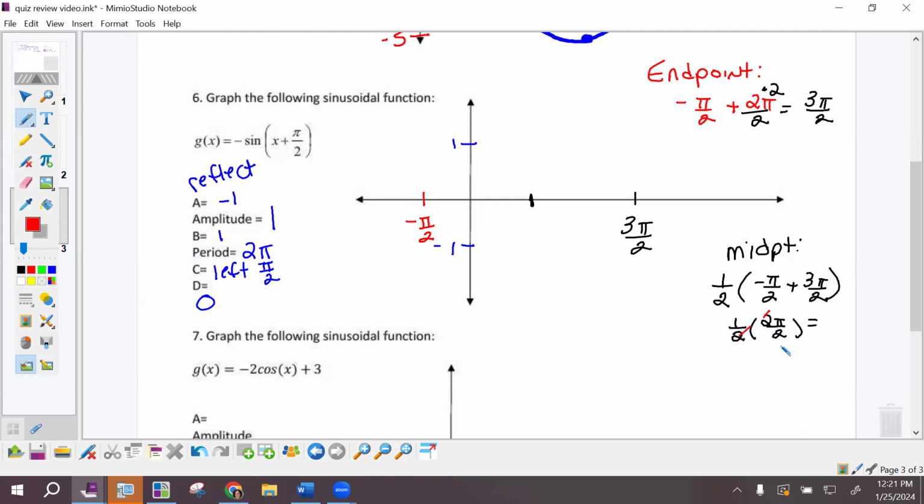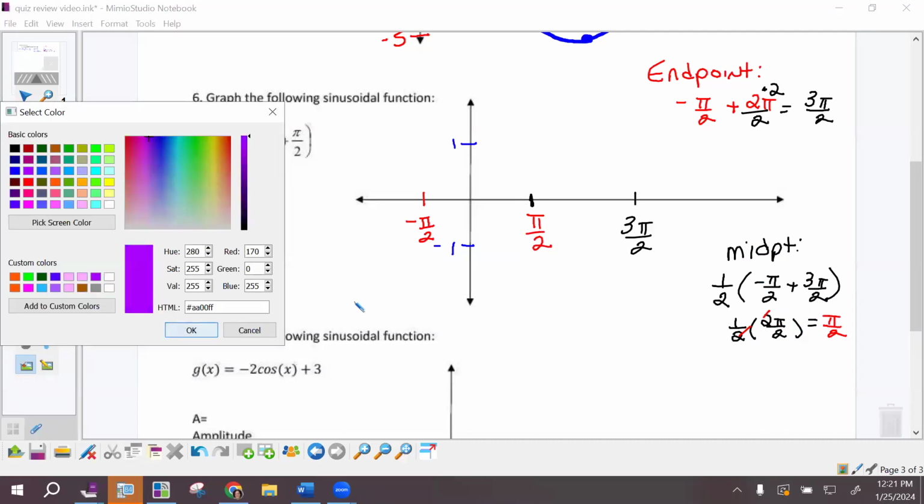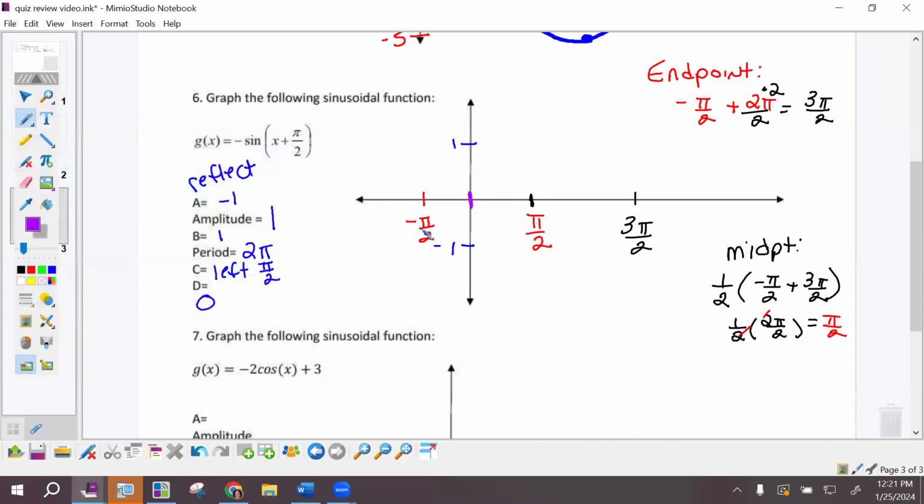These 2's divide, doesn't matter which way you want to simplify that, and we get pi over 2 is the middle. And then this works out actually really nicely because the middle of negative pi over 2 and pi over 2 is 0. And then the middle of pi over 2 and 3 pi over 2 is pi, because that's our quadrantals. If you want to calculate this, you can.